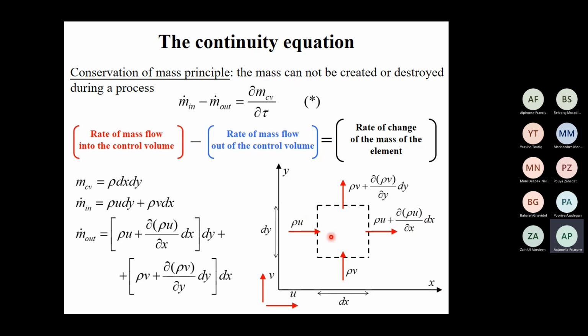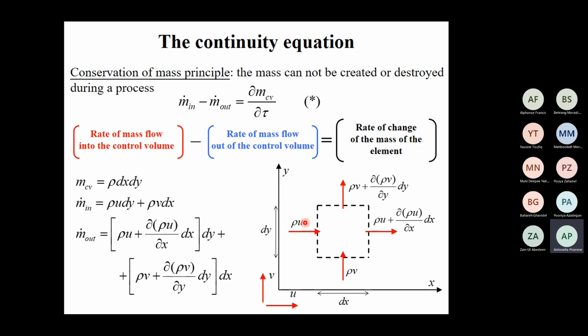So for the outlet contribution of a mass flow rate in the direction x, I will have rho u plus the derivative of rho u in x times dx. The same for the outlet in the y direction, absolutely the same.